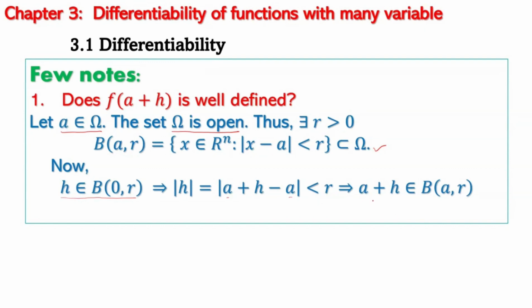By the same definition, a plus h belongs to the ball B(a,r), so a plus h belongs to the set omega. Therefore f of a plus h is well defined.